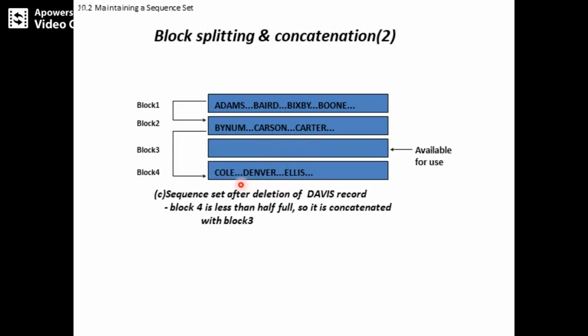When you delete one record from block 4, block 4 gets underflow. When you get underflow, as we have studied in B tree, what do you need to do? Either you can go for the merging option, or you can go for the redistribution option. Here I have gone for the merging option. In the merging option we have merged block 3 with block 4 and written the records over here.